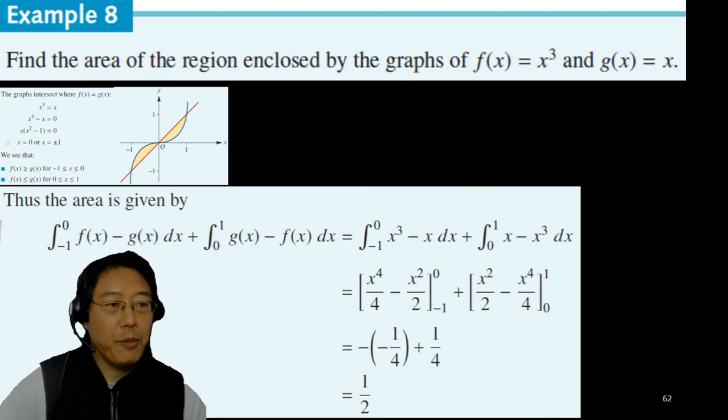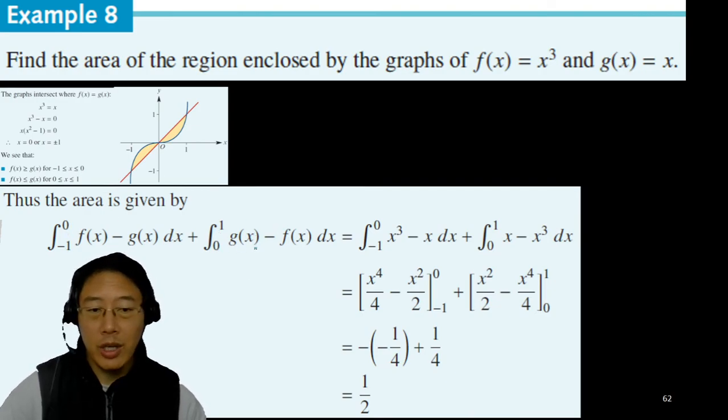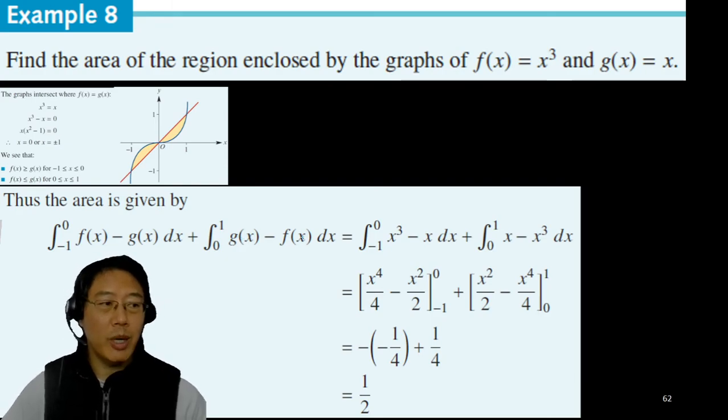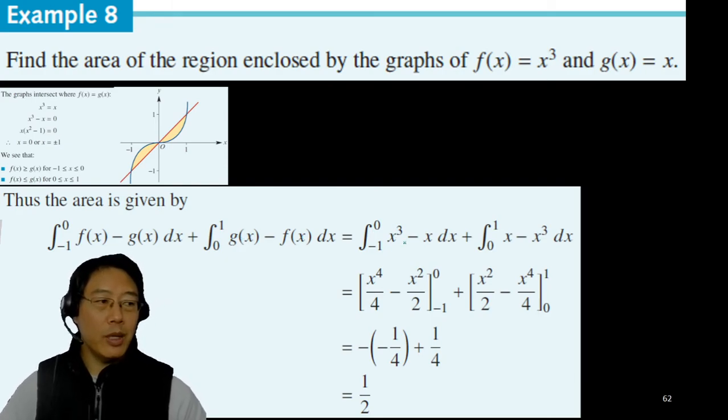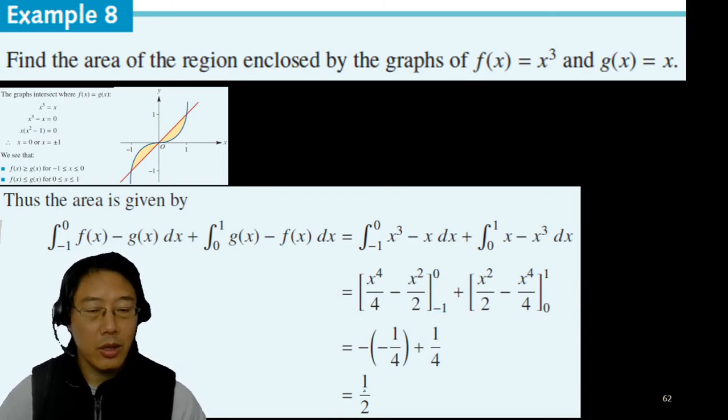So it's f minus g from -1 to 0, and from 0 to 1 we have to do the opposite. As I said, it's g minus f. You substitute the polynomial, you anti-differentiate, so they're going to be opposite functions. Okay, you substitute with the boundaries, you regroup, simplify, and you end up with 1/2.